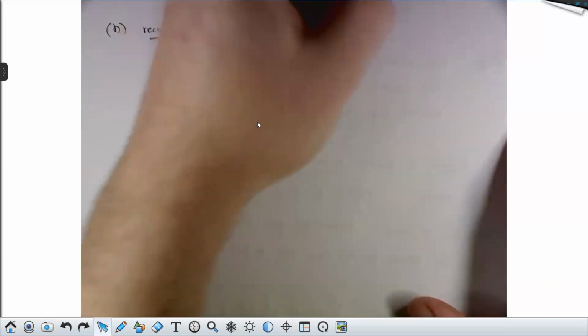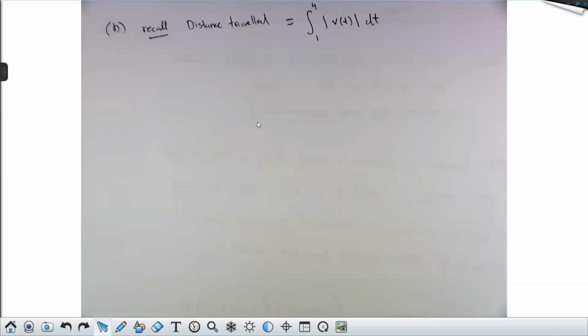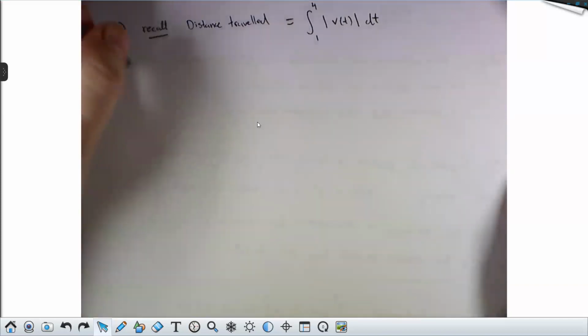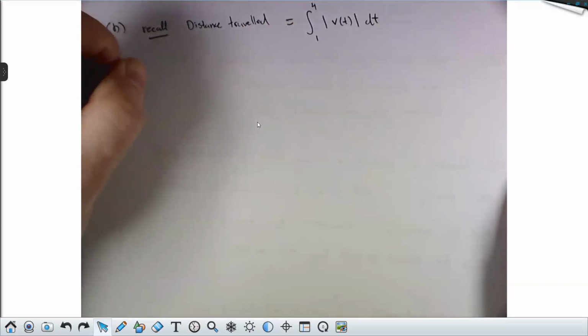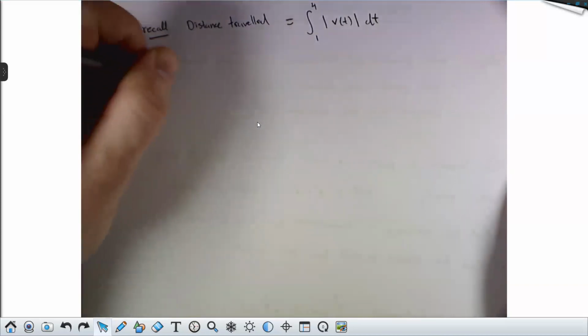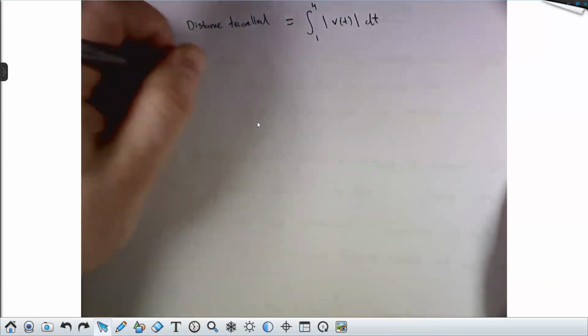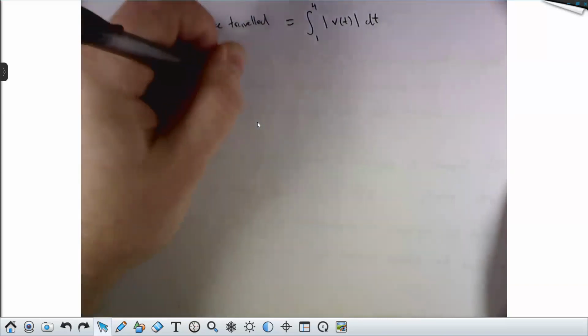This isn't just the integral of the function, it's the integral of the absolute value of the velocity function. So that's what I would like to evaluate here. It's the integral from 1 to 4 of the absolute value of t squared minus t minus 6 dt.